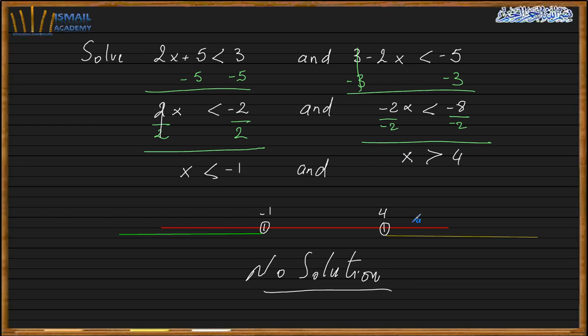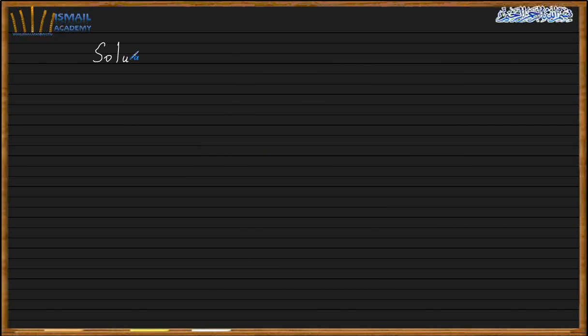So is that clear? Alright, so let me show you a special example. Solve 2x plus 5 is greater than 11, and 3x is less than or equal to 9.